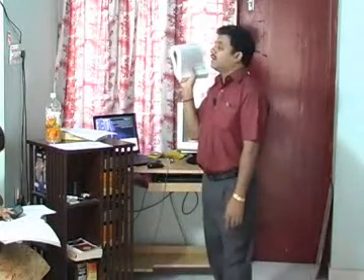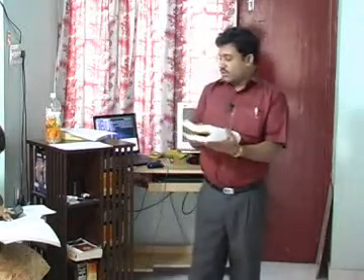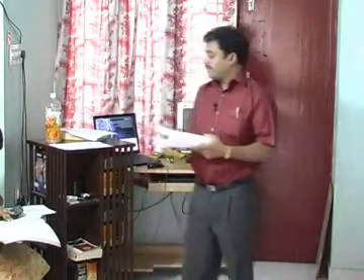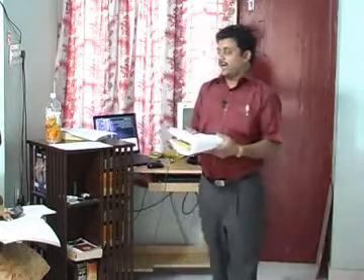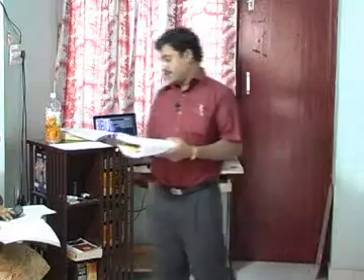Amount receivable in respect of allotment money towards the firmly underwritten shares, 50,000 into 2.5 in the inner column each. How much is 50,000 into 2.5? 1,25,000, 1,25,000, 1,25,000.